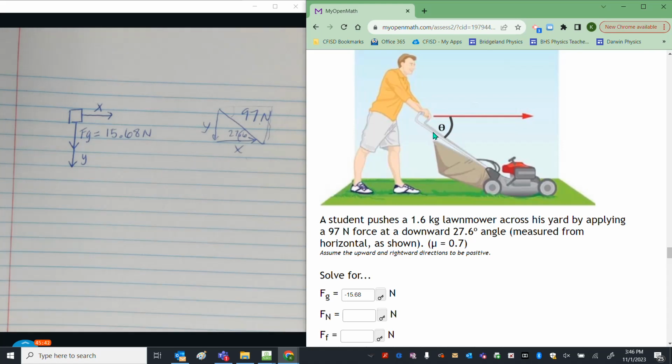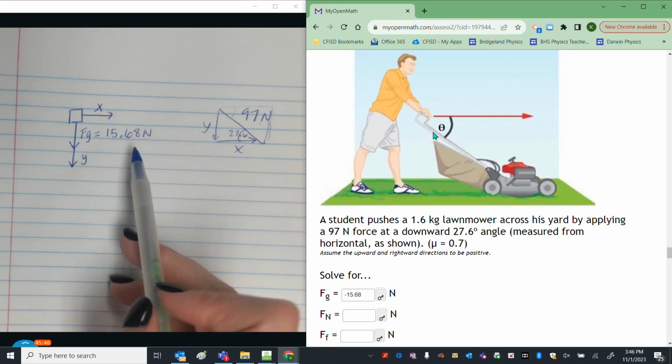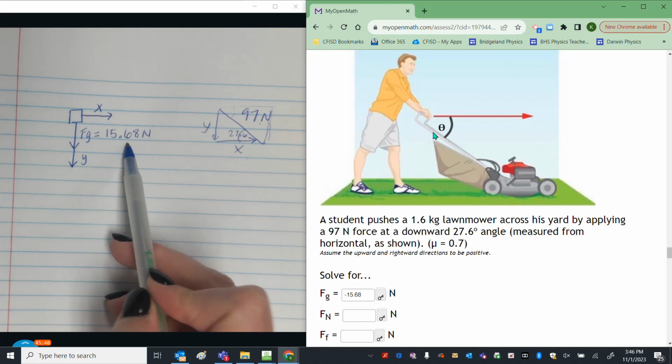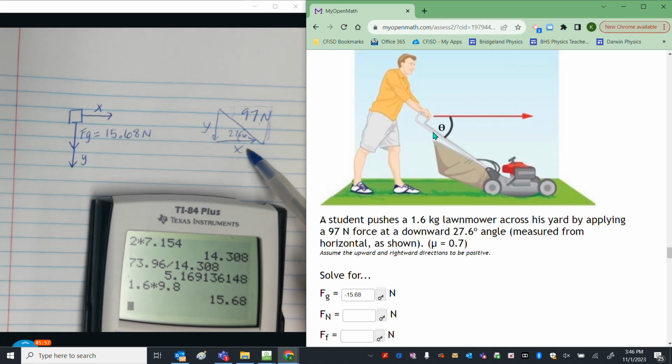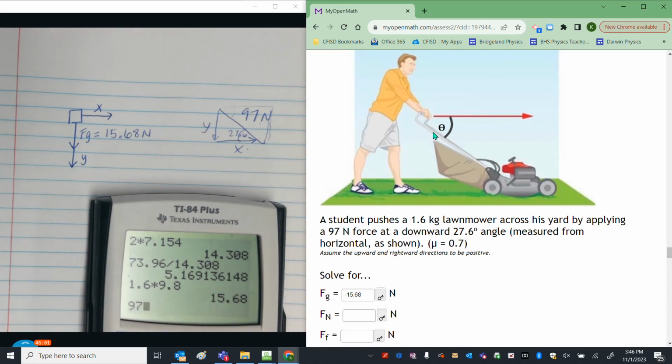So again, if you have something at an angle, do this first. Now, Fg you can do at the beginning, that's okay, but don't do these other ones until you find the components because you're going to get it wrong. Fn is not equal to Fg here. So this one's going to be adjacent, so we're going to use cosine. We're going to do 97 times cosine 27.6, and that's going to give us 85.96.